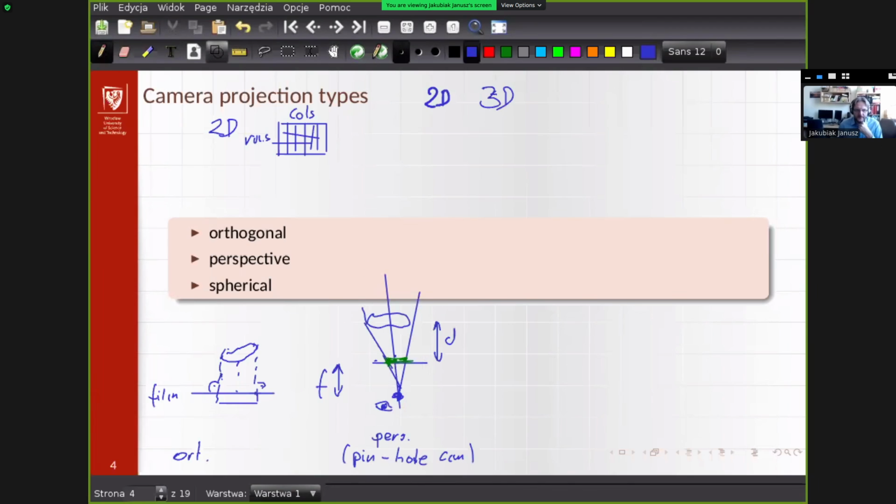So the same image here will correspond to this object, or to an object that is farther away and bigger. This is the regular perspective that you probably met in physics lessons and maybe in art lessons on how to show perspective.